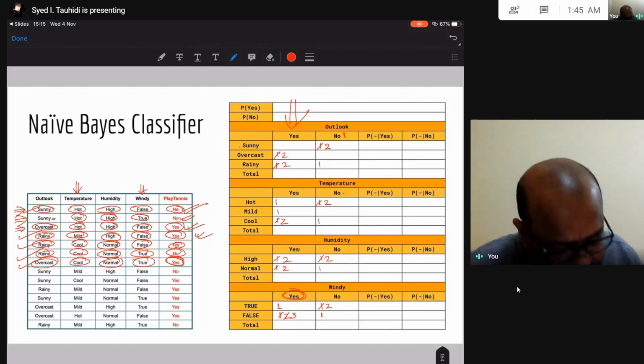Okay, then to this row, sunny, it is no. So now I will work on this no's column.